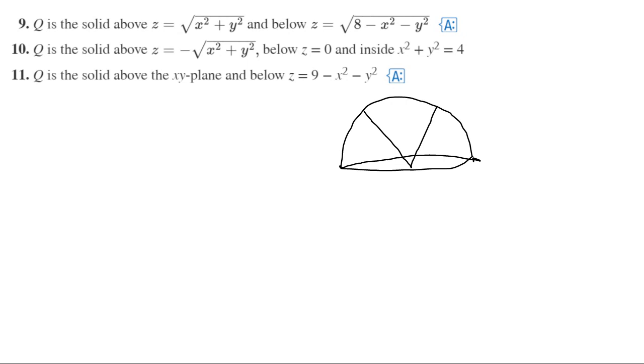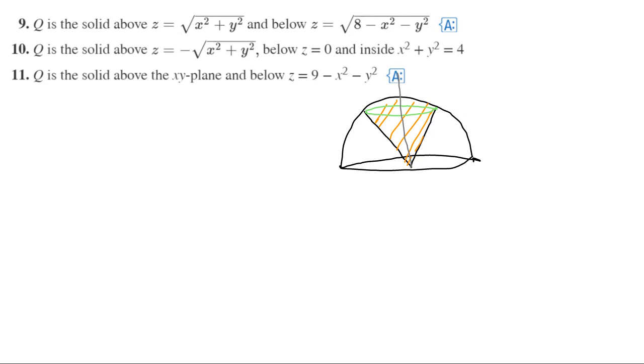And we will form this ice cream cone. And again, the intersection is this circle. So how to do that? How to find the limits for rho, for phi, for theta?